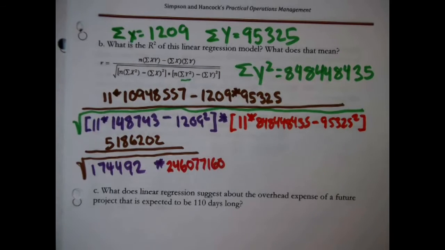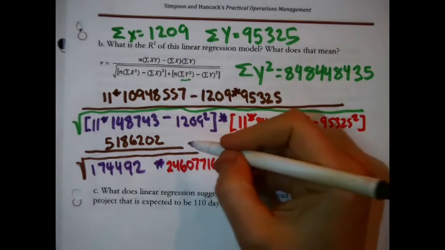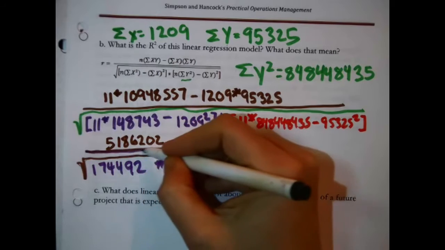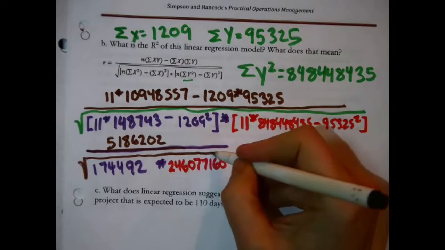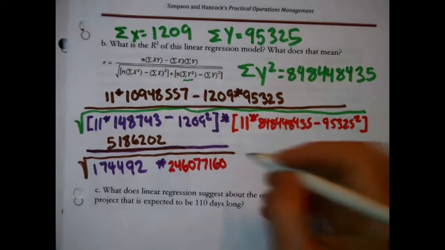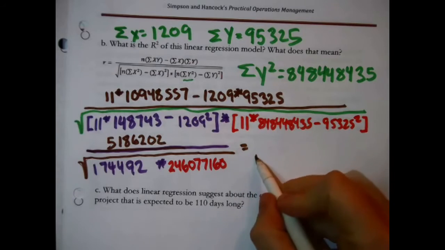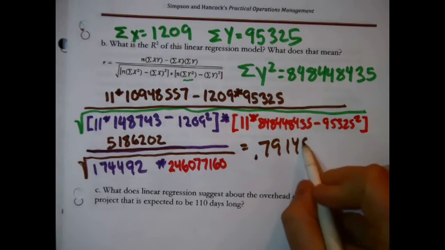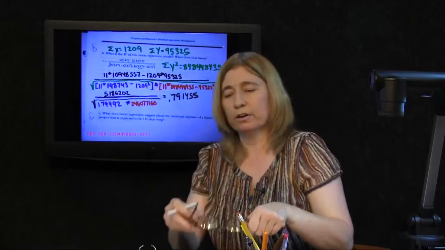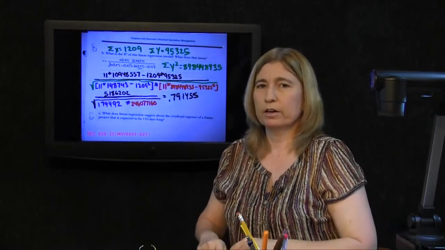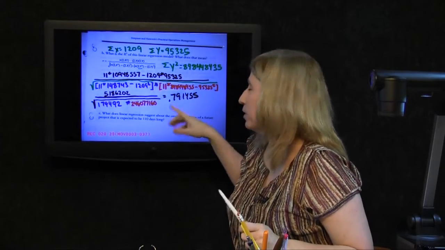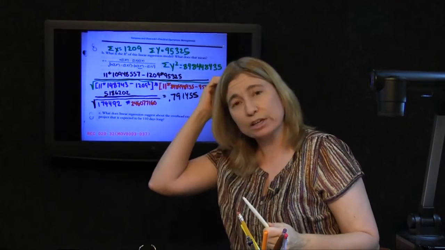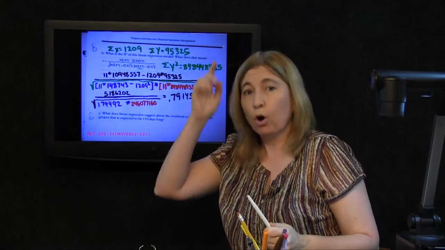So you take this number and divide it by these two numbers multiplied by each other, but take the square root before you divide them into the numerator. Do that. 0.791455 some odd is what I see on my calculator. And you're thinking, oh, finally. Oh, but wait, we're not done. The 0.79, what we found is the correlation coefficient, R, or rho.